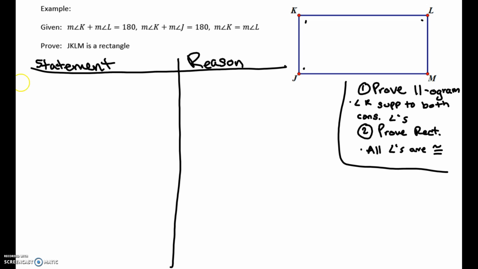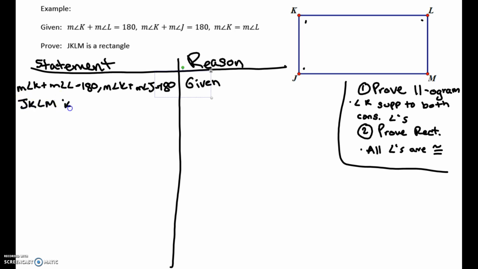I'm going to start off with the first 2 givens only. Measure of angle K plus measure of angle L equals 180. And the measure of angle K plus the measure of angle J equals 180. And my reason is given. Well, that allows me to prove that JKLM is a parallelogram.